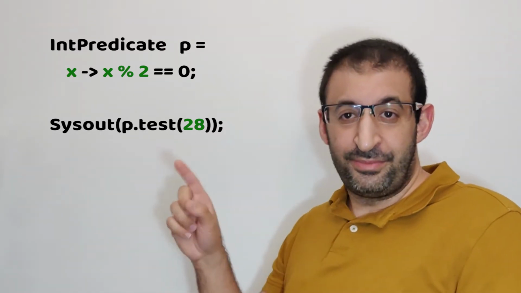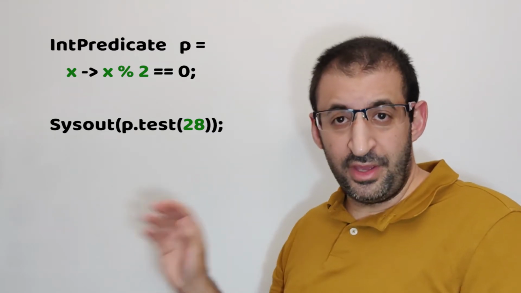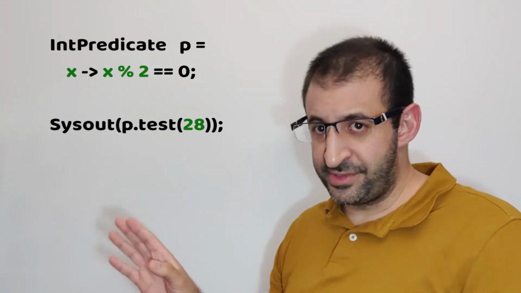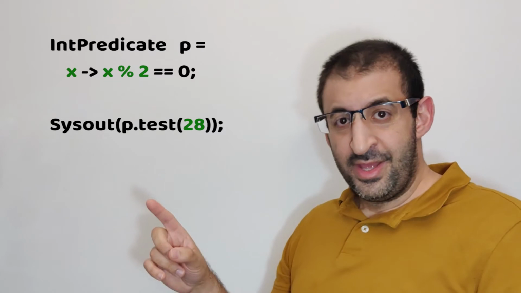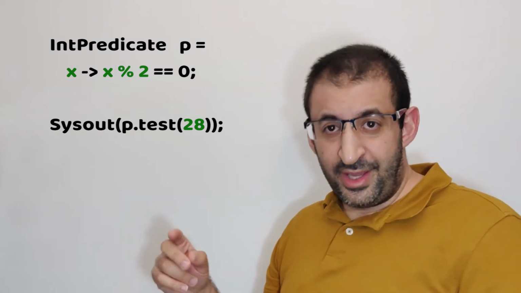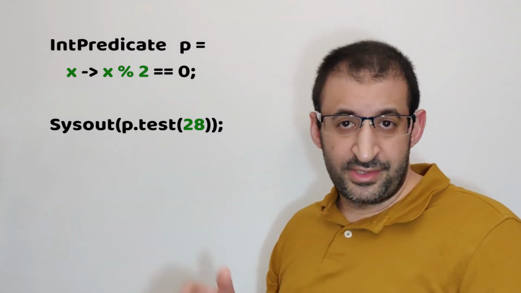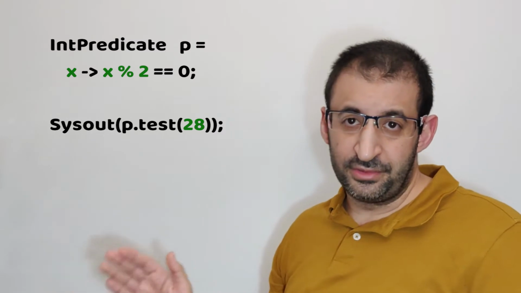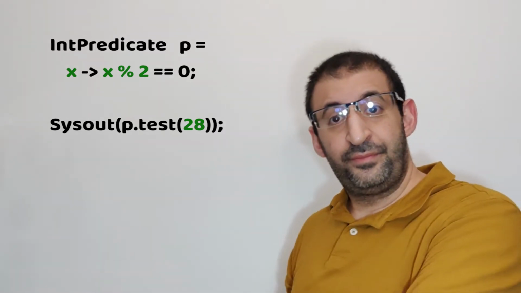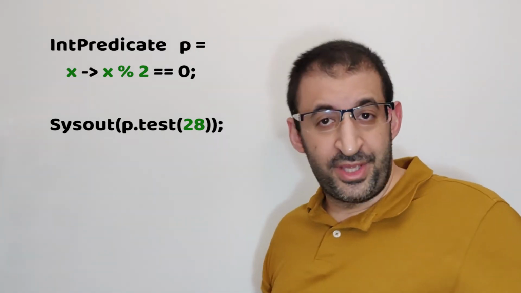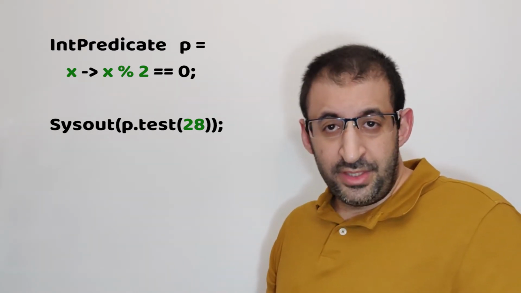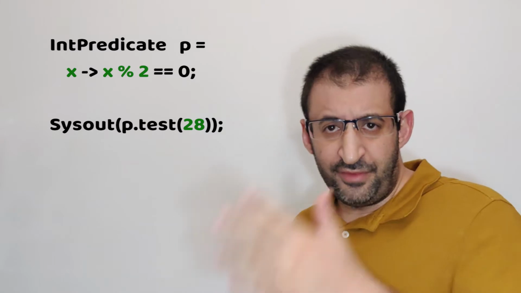There is nothing here. IntPredicate p equals x arrow, x divided by 2 equals 0. And if I want to check, it is the same thing: System.out.println(p.test(25)), for example.